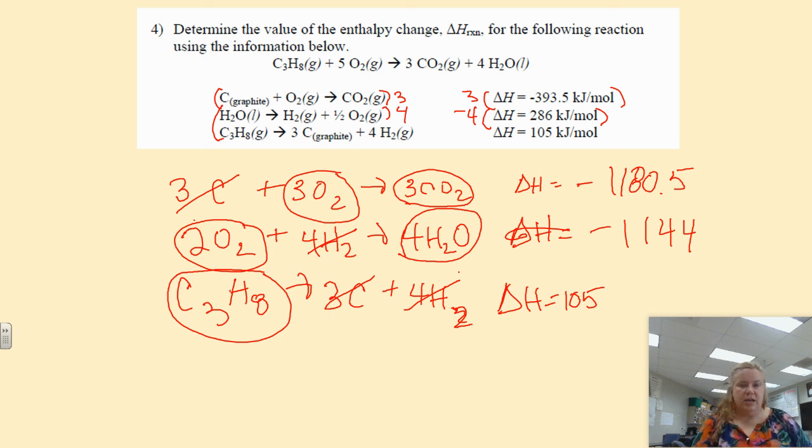So we're going to add our enthalpies together. We've got negative 1180.5, and we're going to add that to negative 1144 and add that to 105. And we're going to get our overall enthalpy is going to be negative 2219.5 kilojoules.